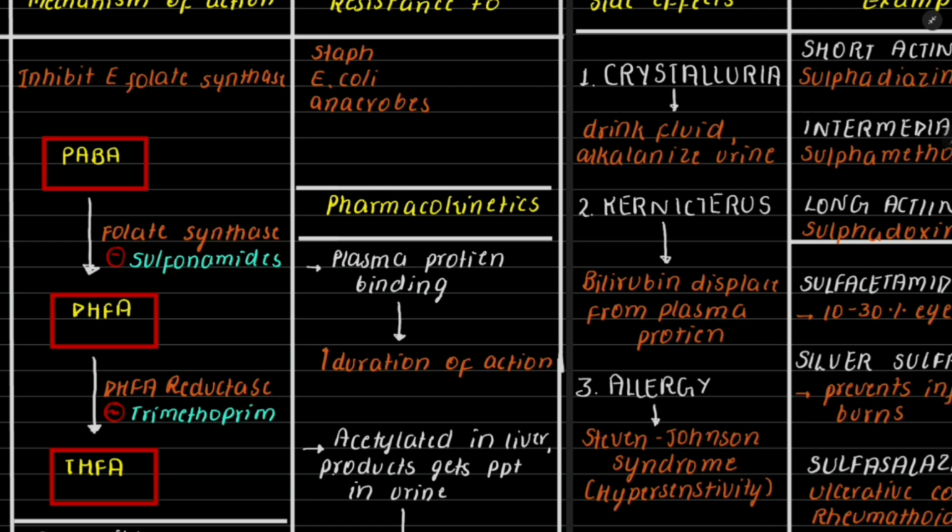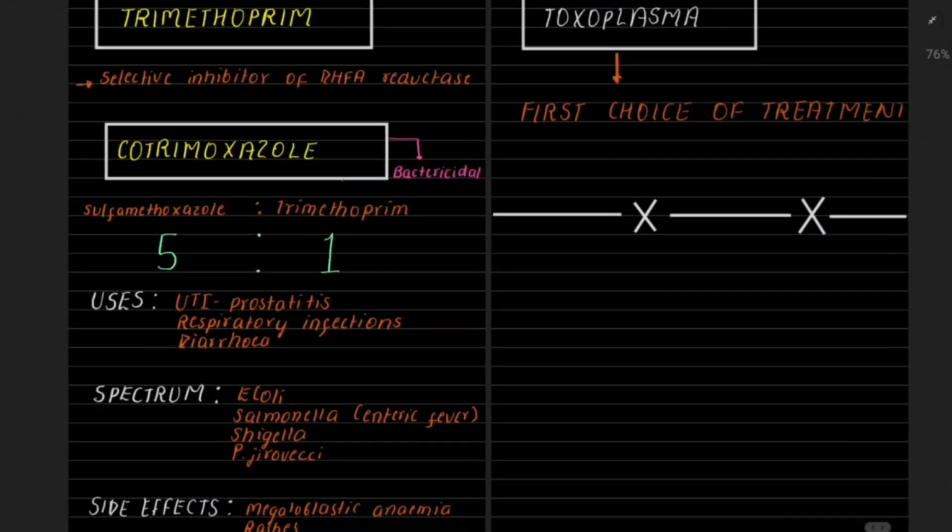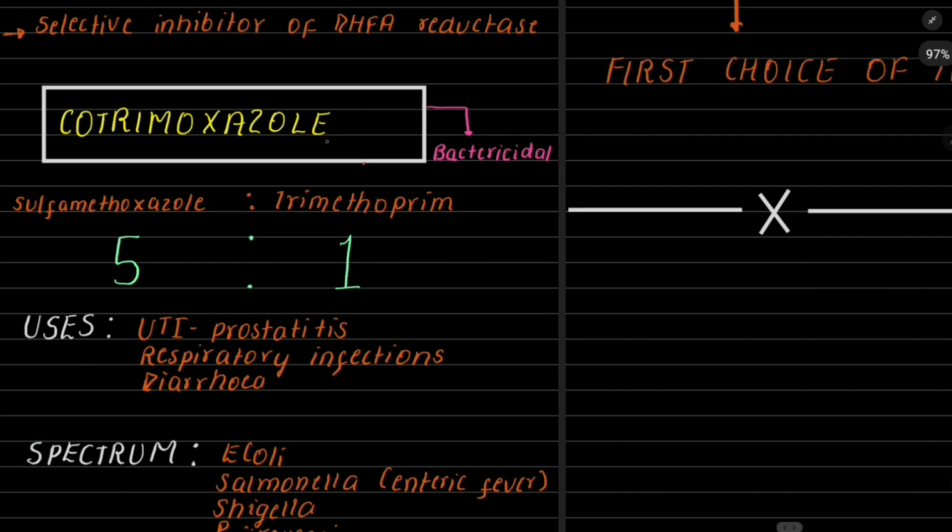But what if we introduced trimethoprim along with sulfonamides? Both the enzymes will be blocked, and thus the whole pathway will be blocked effectively. And this is what will lead to the formulation of a bactericidal substance. This was what led to the discovery of cotrimoxazole.